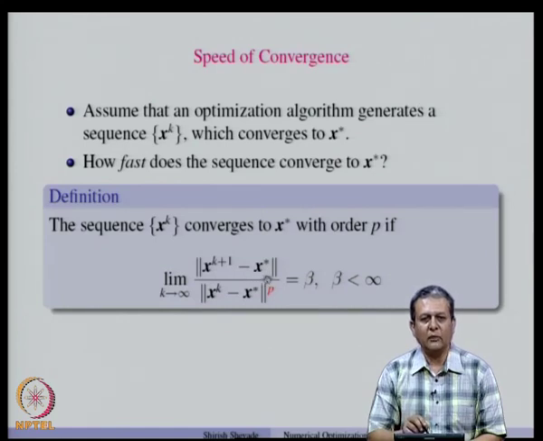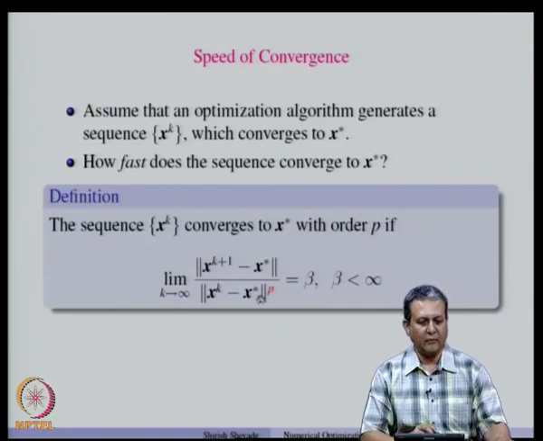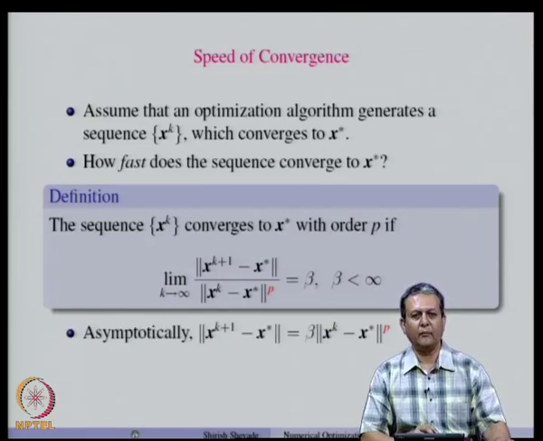So, let us assume that we use the L2 norm and x k minus x star is the distance between x k and x star. So, what we are interested in finding out is how close does x k plus 1 go to x star compared to x k, and the order of convergence is the parameter p here.